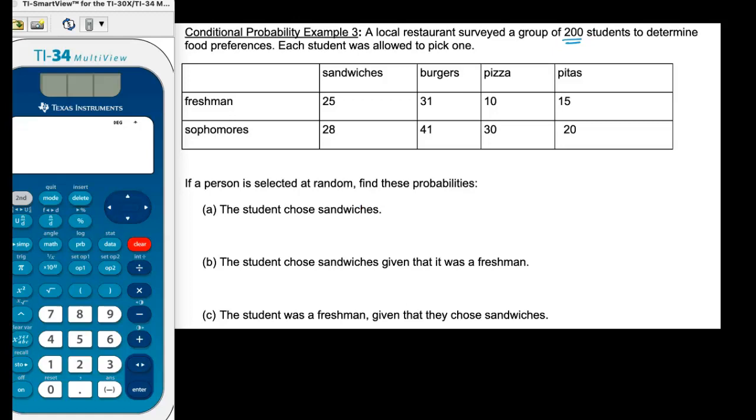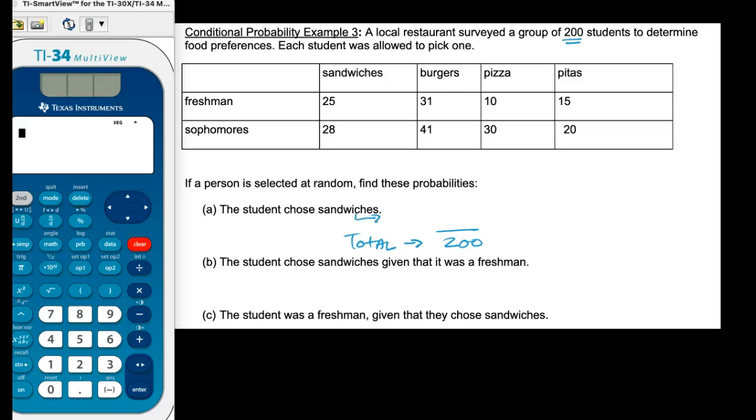So what's the probability that the student chose sandwiches? Now, I like this problem because it has some regular probability problems thrown in. So notice you don't see the word given here. This is not conditional probability. So if it's not conditional probability, then your denominator is going to be 200, which represents the total. So that's the total number of students, and then we want to find the number that chose sandwiches.